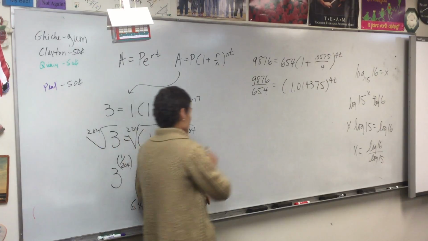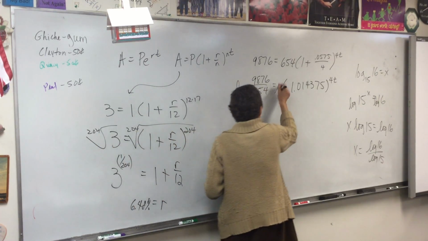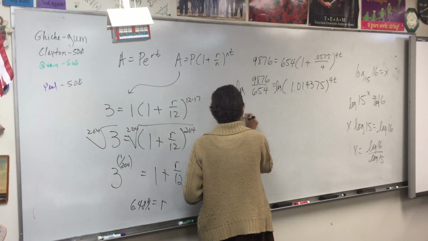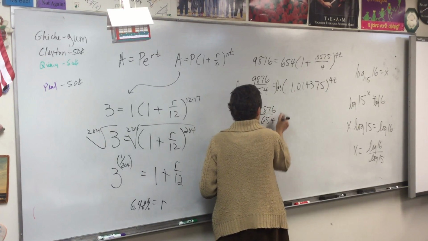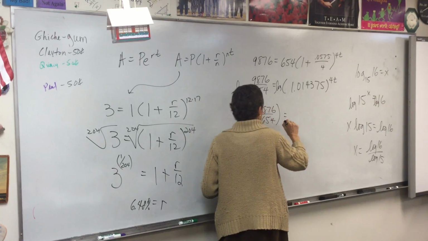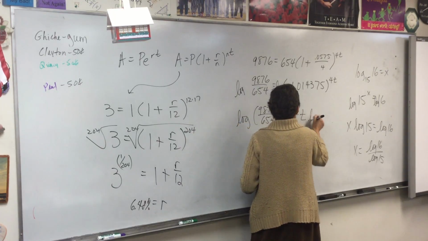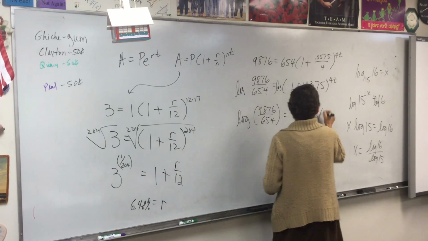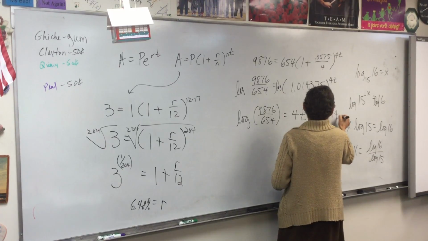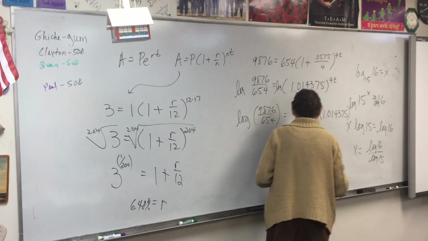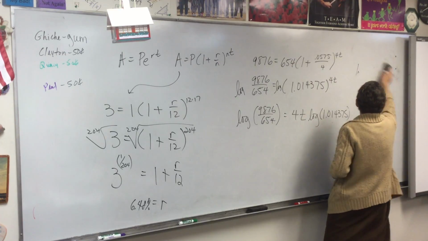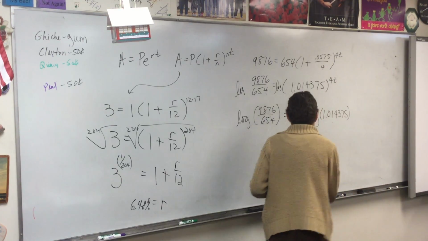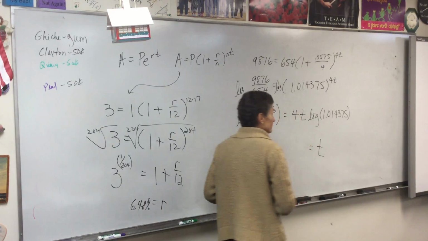Take the logarithm of both sides. And the reason you're doing that is not to make it harder. The reason you're doing that is so that you can pull that exponent off, drop that exponent out into coefficient position. And now how are we going to get t?